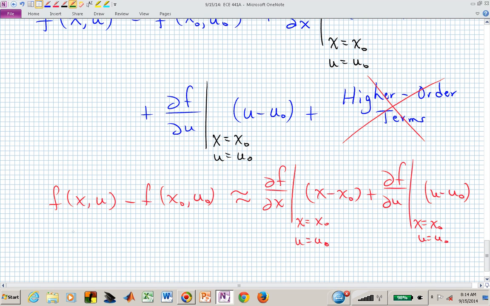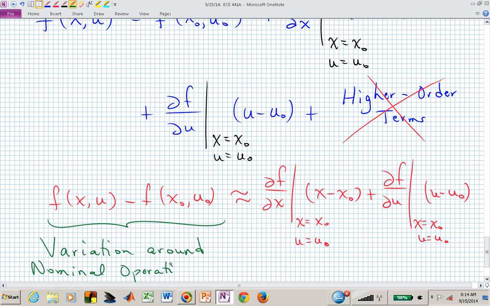And what we're doing is we are now looking at this variation around the nominal operating condition.